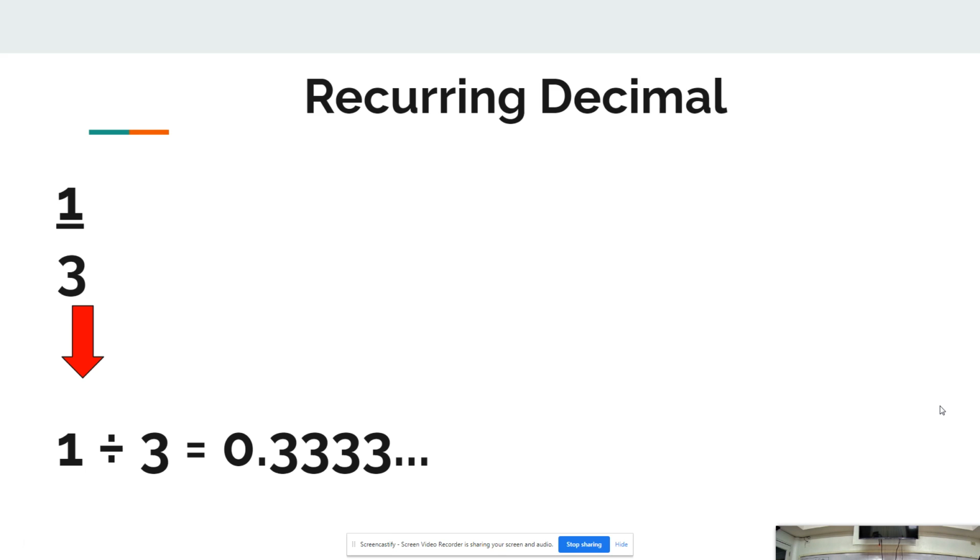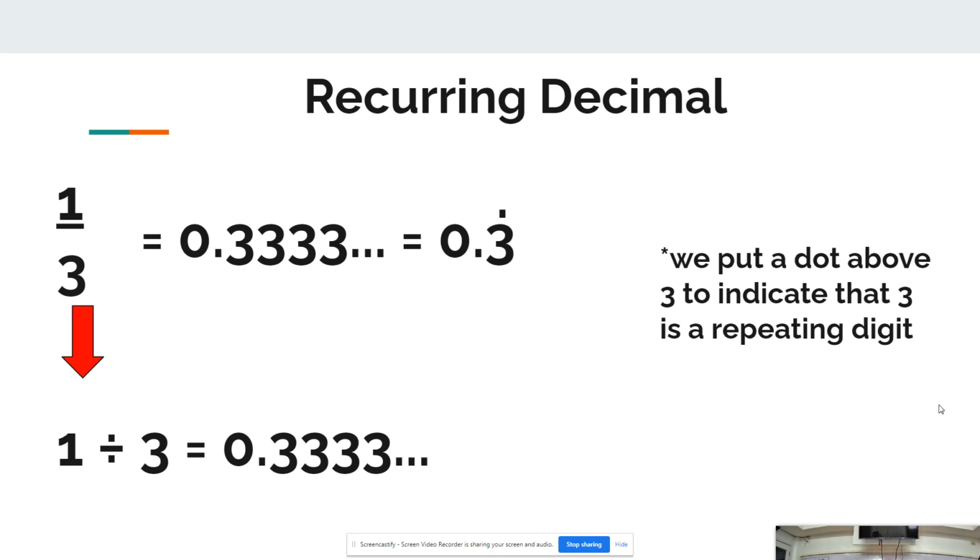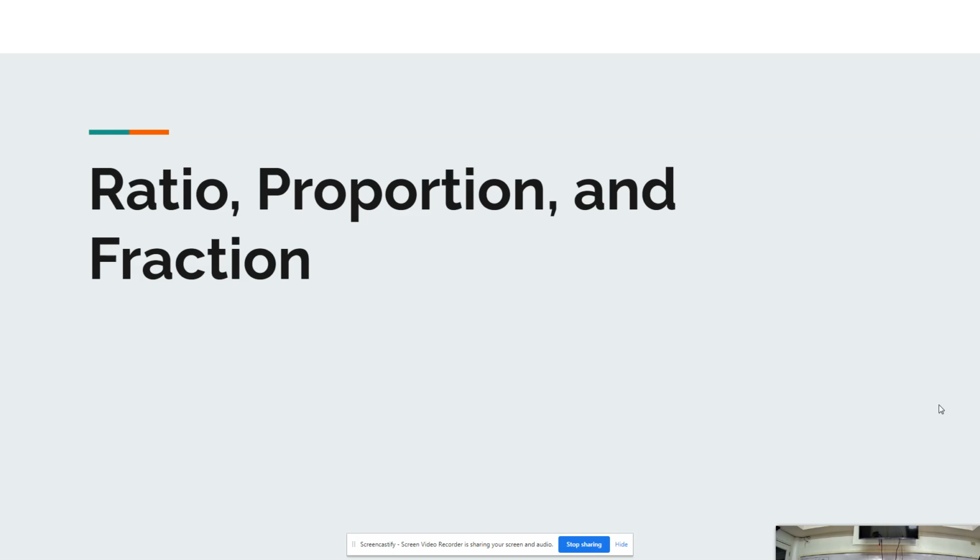It will become 0.3333 and so on. 0.3333 is equal to 0.3 with a dot at the top of the 3, pertaining that 3 is a repeating digit. And when there's a repeating digit or repeating digits, we call them recurring decimal.